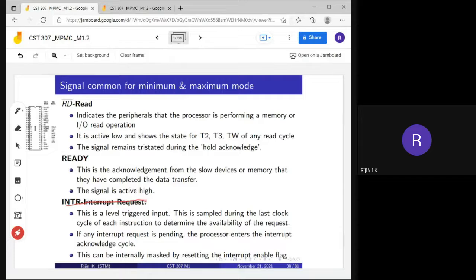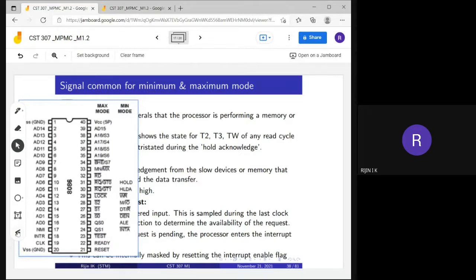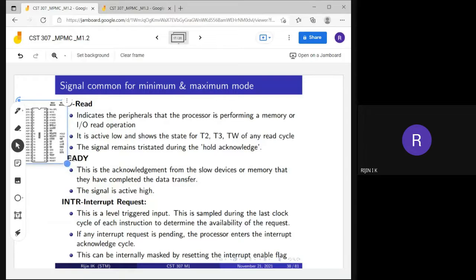The next one is the interrupt pin, INTR, pin number 18. Actually, it is an interrupt request signal.